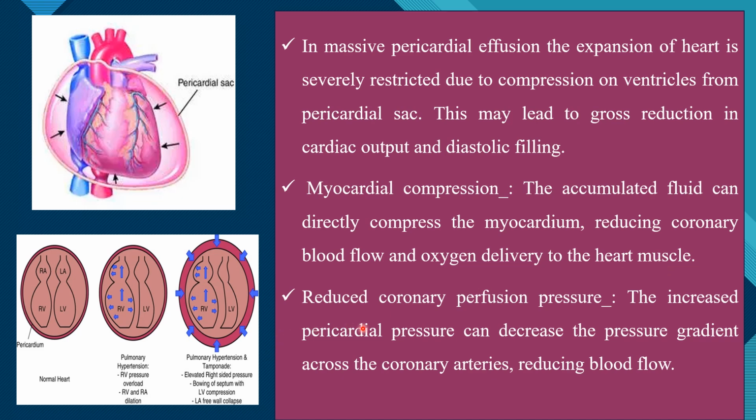Pericardial effusion also causes a reduced coronary perfusion pressure. The increased pericardial pressure can decrease the pressure gradient across the coronary arteries, and it will also reduce the coronary blood flow. So diastolic filling will be hampered in the case of cardiac tamponade or pericardial effusion.